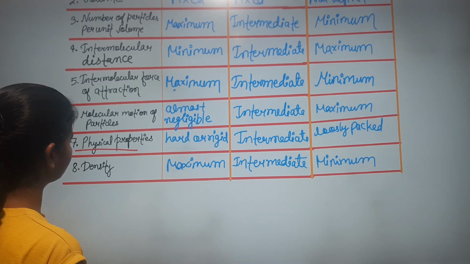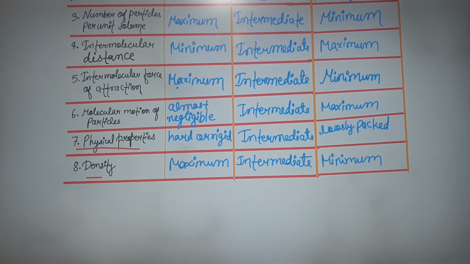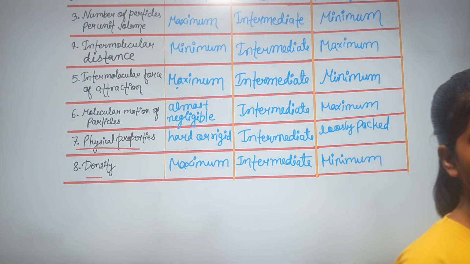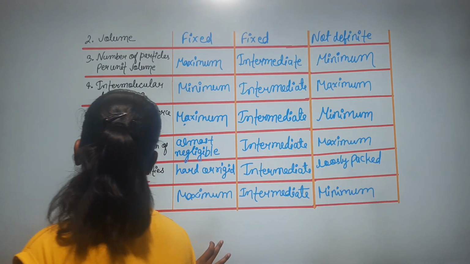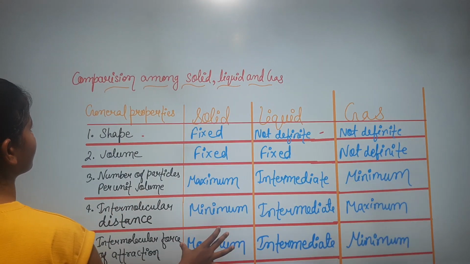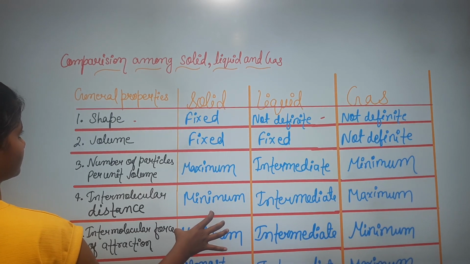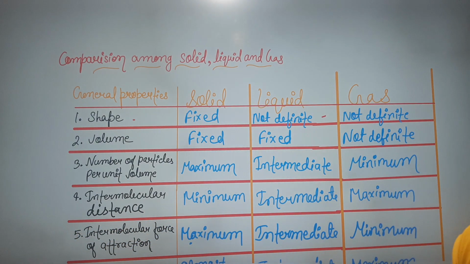And the last one is density. The density of a solid is maximum, the density of liquid is intermediate, and the density of gas is minimum. So there are some comparisons among these three states: solid, liquid, gas. I hope you understand this.